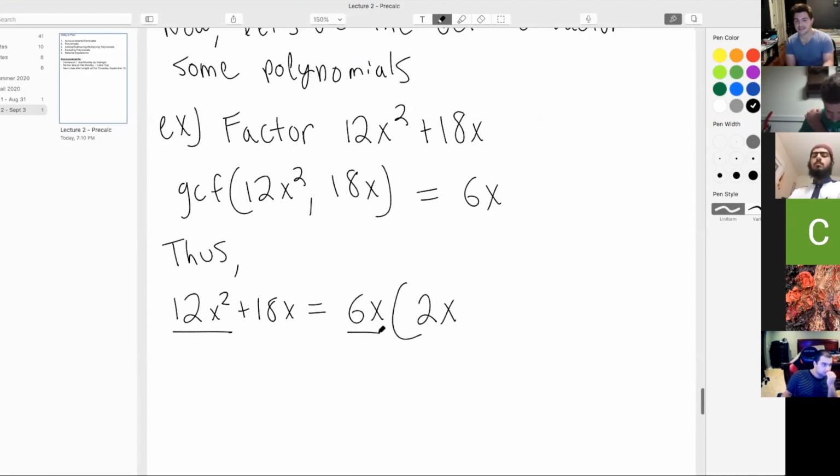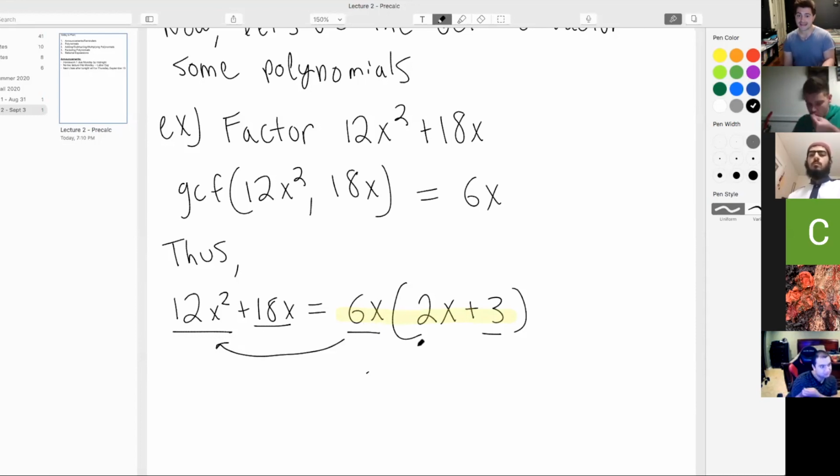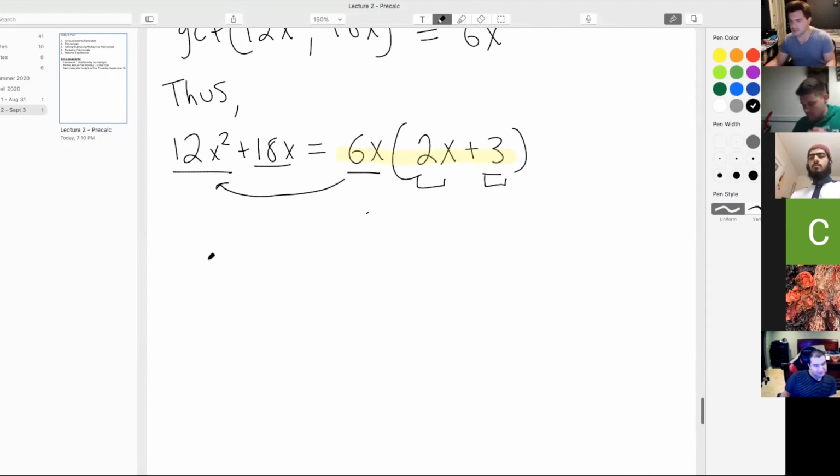And then 6x times what will give me 18x, and that is just 3. So that's why I put a 3 there. And that is the answer. You need to figure out what you need to multiply the GCF by to get back the original term, and that's what I put in the parentheses. This will be more illuminating when we do some more examples, so let's just keep going.